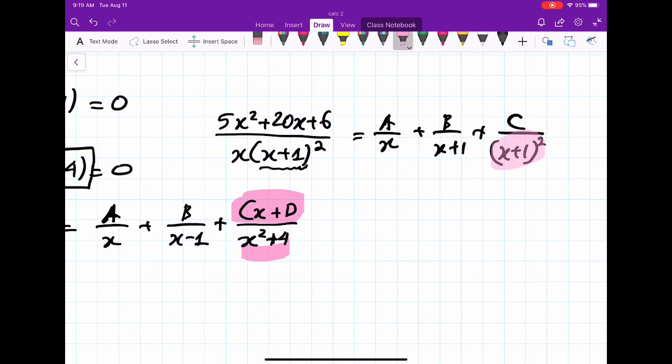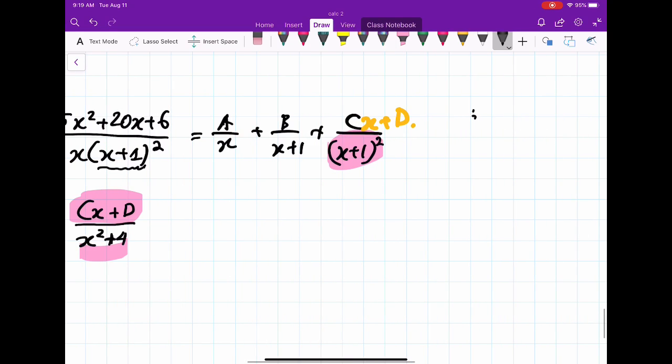This part is not prime, I mean, in the sense that (x plus 1) squared has a 0. So that's why you don't need cx plus d in here. Does that make sense? You don't need that. Because if you have cx plus d, so basically you can simplify.